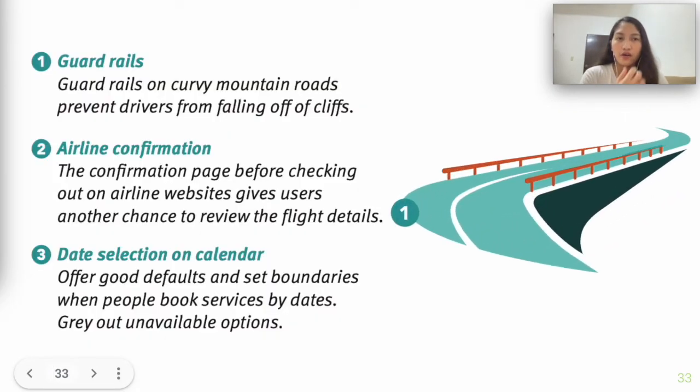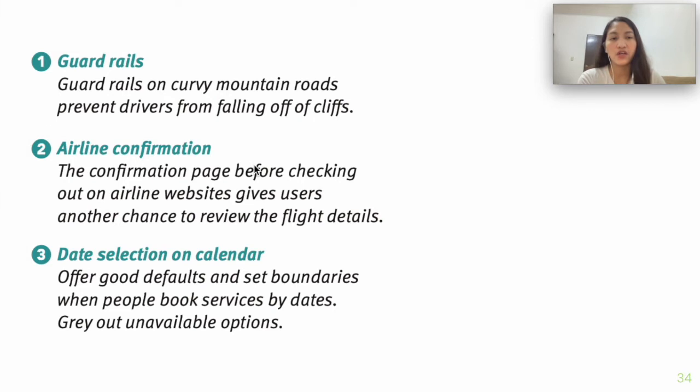For real-world examples, we have guardrails: airline confirmation and date selection on a calendar.